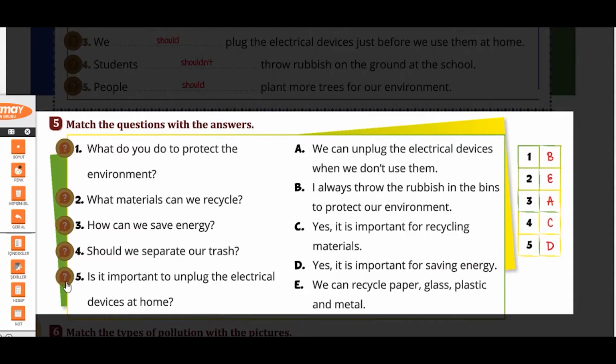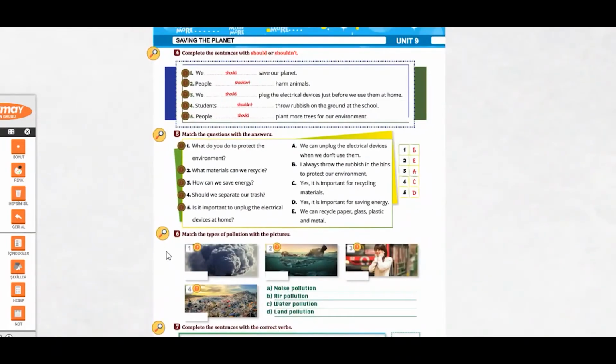Yes, it is. So it's D. Yes, it is important for saving energy. So we have B, E, A, C, and D. Well done. Next exercise.